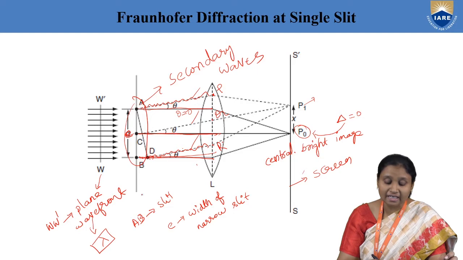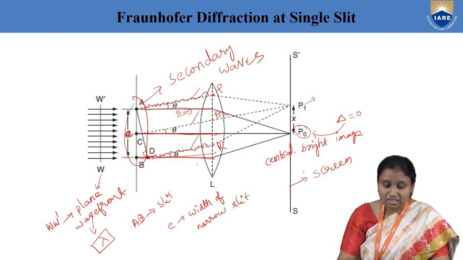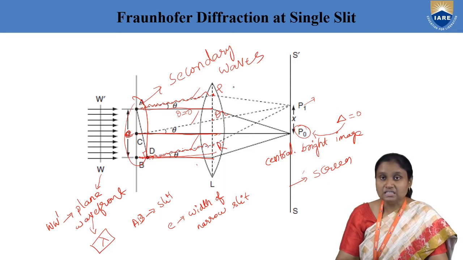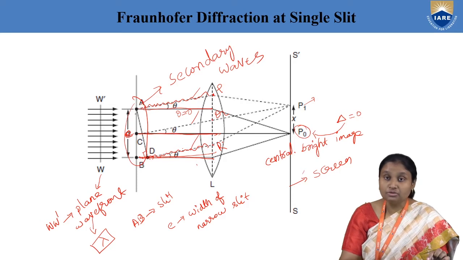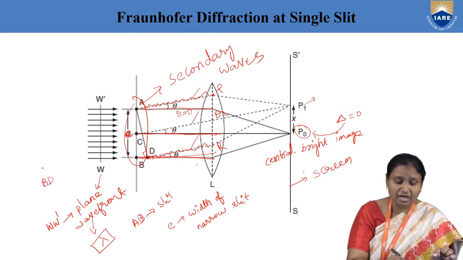So perpendicular AD is drawn on BR. What you will observe here is, after these points A and D, from point A on AP and from point D on BR, their paths will be the same. So what is the extra path traveled by BR compared to AP? That extra path is BD. So BD is our path difference.